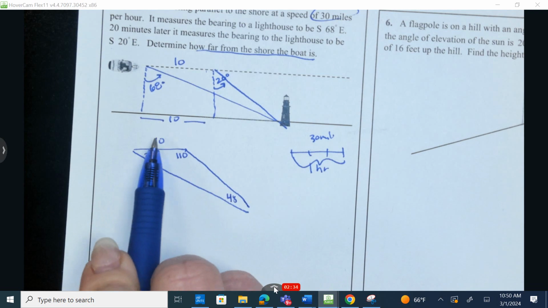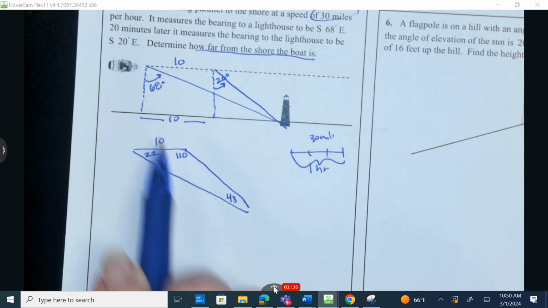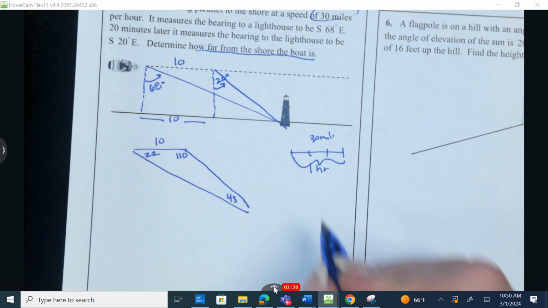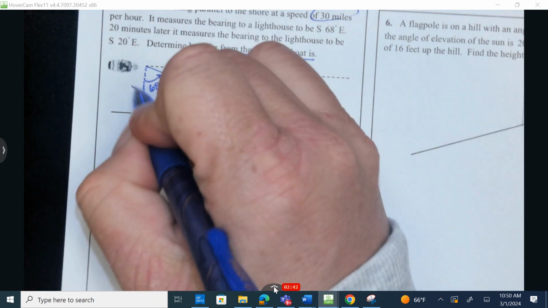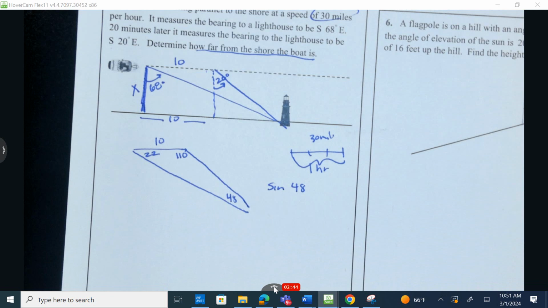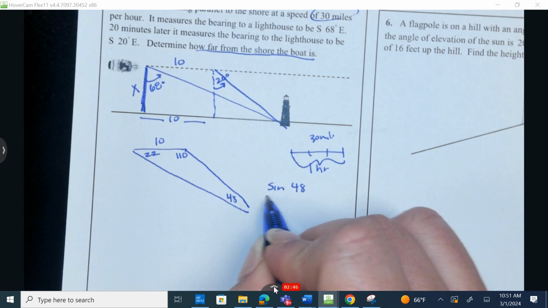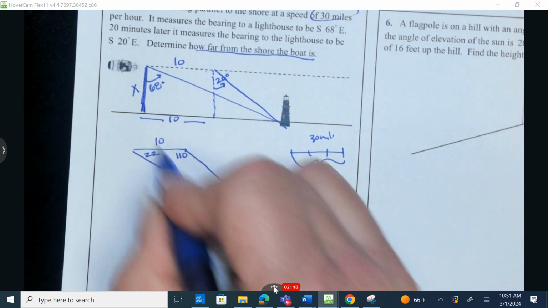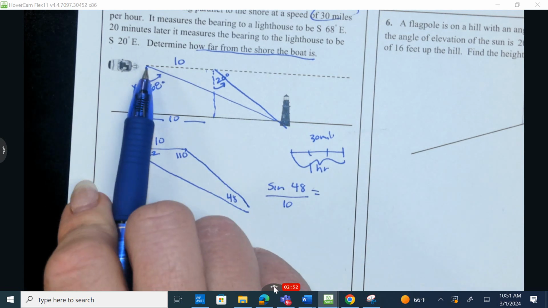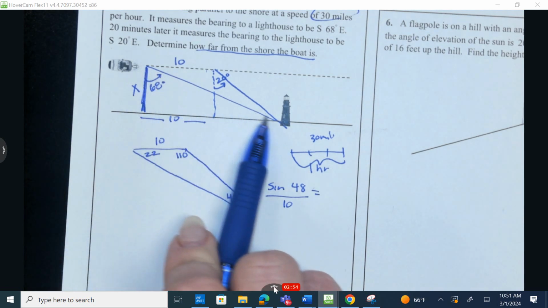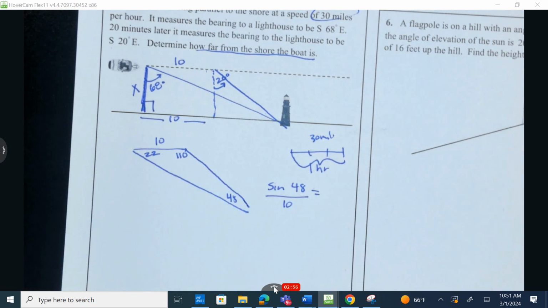So I do have a side and the angle across from it, so I have the sine of 48. And remember, at the very end, I want to know how far the boat is from the shore. So sine of 48 over the side 10 is equal to, how am I going to do that? Well, I think I should figure out what this length is, because I know this is a right angle.